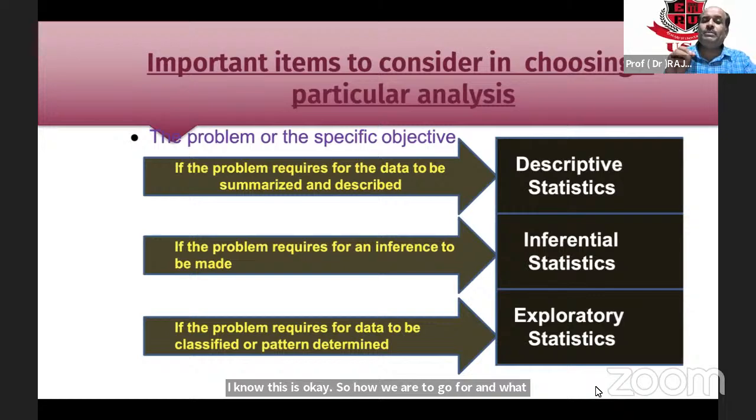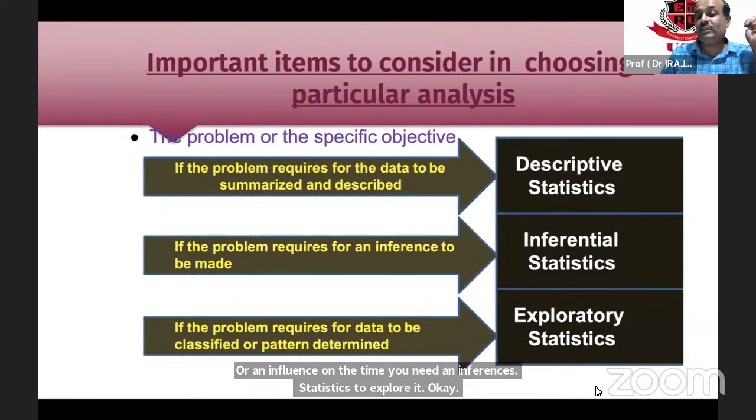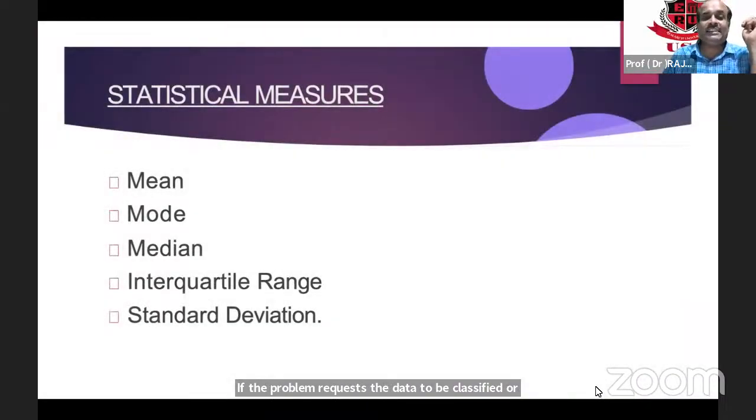If the problem requires the data just to be summarized and analyzed, you can go for descriptive statistics. If you want to test a hypothesis, or the problem requires an inference to be made, to derive a conclusion, then you need inferential statistics. If the problem requires the data to be classified or patterns determined in depth, you can go for exploratory statistics.